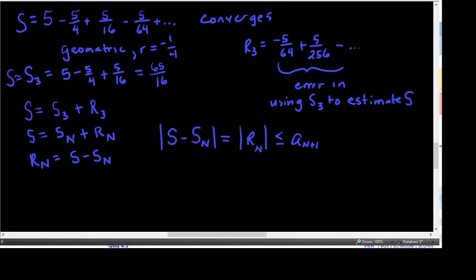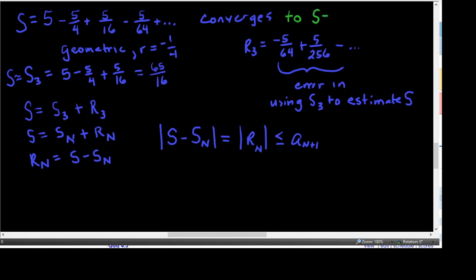Okay, so this is a really important result, because if you look at the example that I was working with, what I'm claiming is that since we know the sum, let's go ahead and find that sum of this alternating, this geometric series.